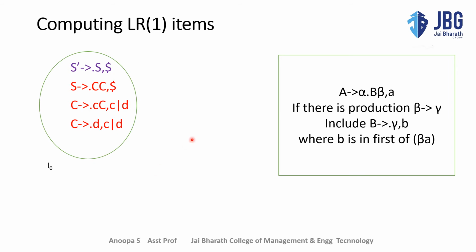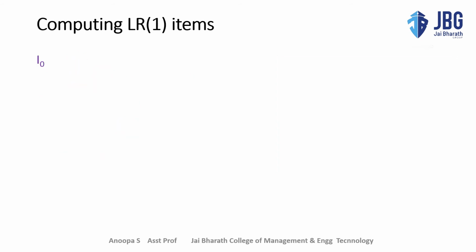Whenever we find a closure, we have to find goto. So first we will see goto on capital S. This is our I0 item. Now we will find I1. How will I get I1?